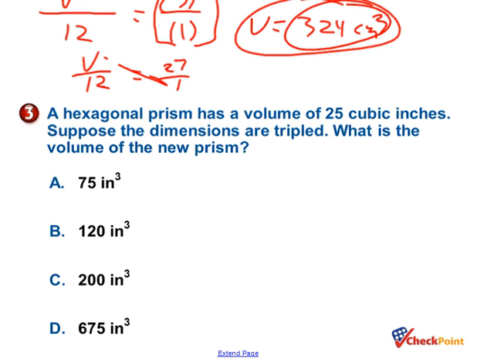A hexagonal prism has a volume of 25 cubic inches. Suppose the dimensions are tripled. What is the volume of the new prism? Well, I'm going to say 1 was the dimension of the old one. It's tripled, so it's times 3.